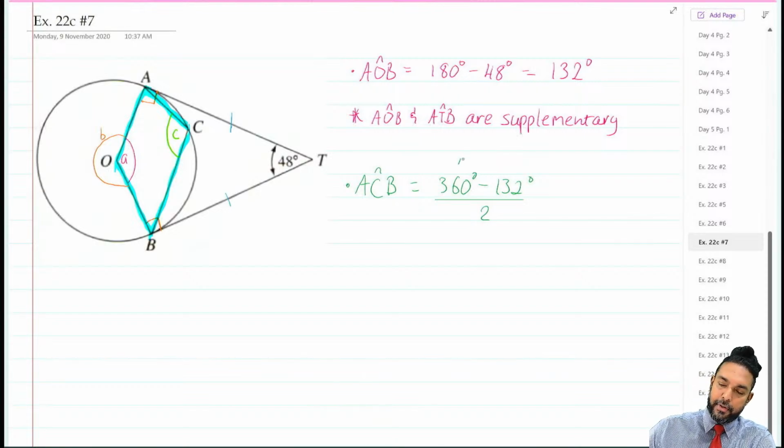We'll put a little 1 here and a little 2 here so we could identify the rules. Now 360 minus 132 I think is 228. Anybody could corroborate that? So 228 degrees divided by 2, 114 degrees.